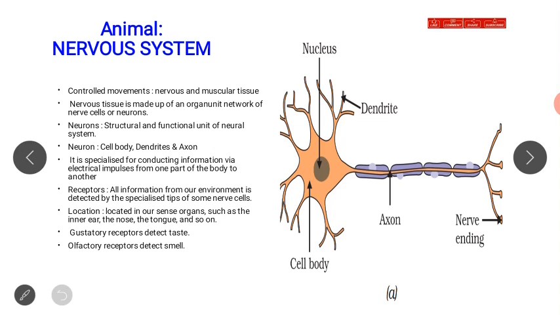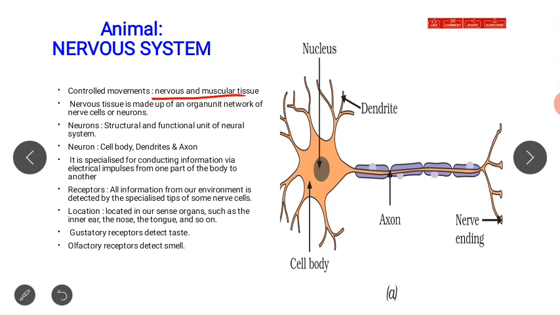Sometimes we see different expressions, like sometimes we smile, sometimes we laugh. So all these are some kind of movements, and these are controlled movements, and these controlled movements are possible due to the presence of nervous and muscular tissues.